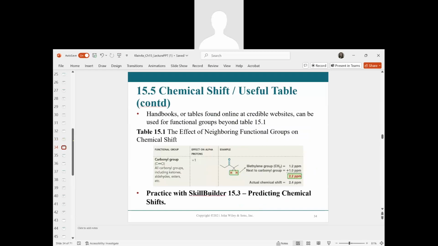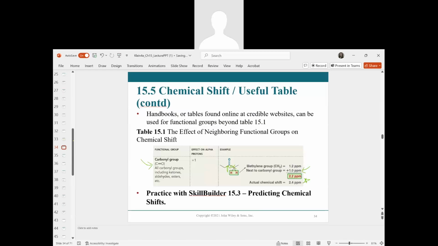Here's one more useful table. All of these are found in your textbook and can be utilized on tests or quizzes. So a carbonyl group being nearby. So here's the carbonyl and then the carbon next door. Those two protons, we would add about 1.0 part per million, and they began at 1.2.